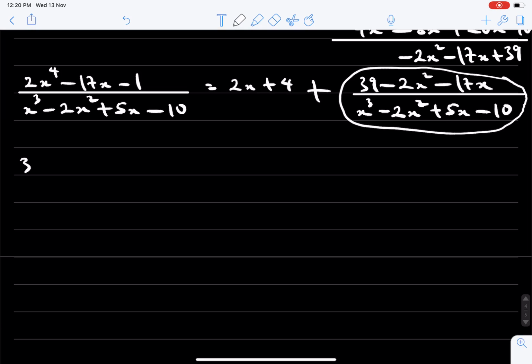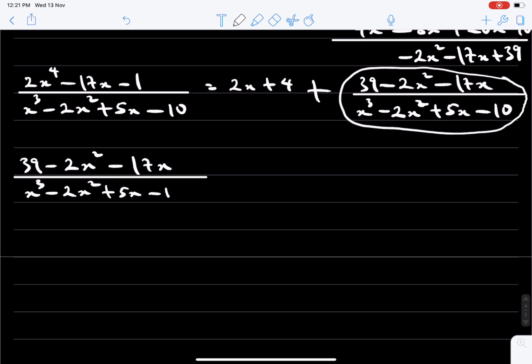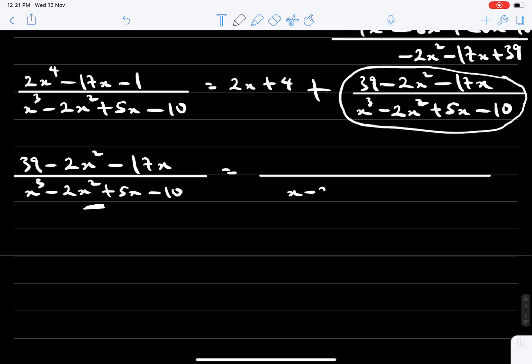39 minus 2x squared minus 17x divided by x cubed minus 2x squared plus 5x minus 10 is the same as... I know that this denominator, x cubed minus 2x squared plus 5x minus 10, is the same as x minus 2 times x squared plus 5, because that was actually what I expanded to get x cubed minus 2x squared plus 5x minus 10.